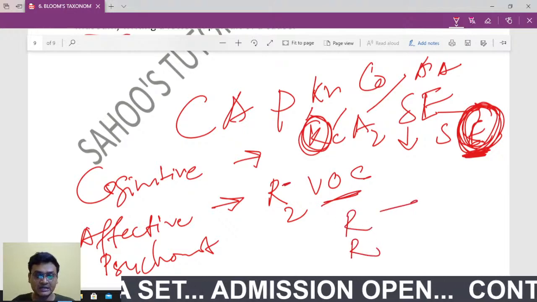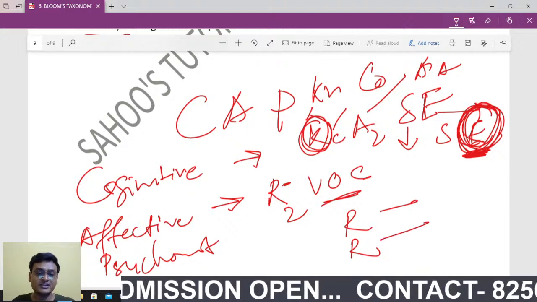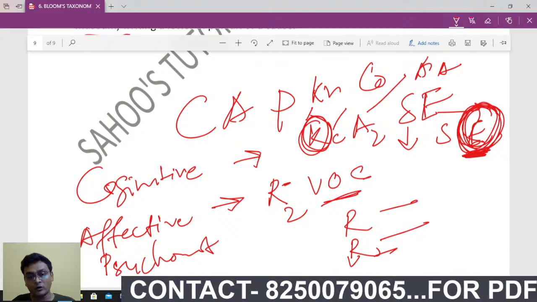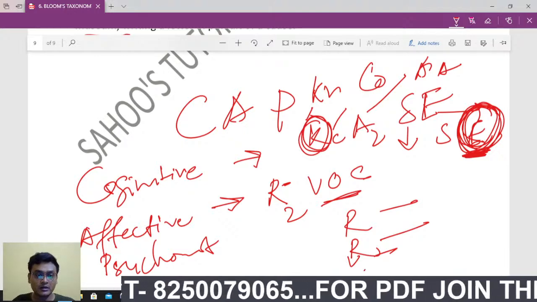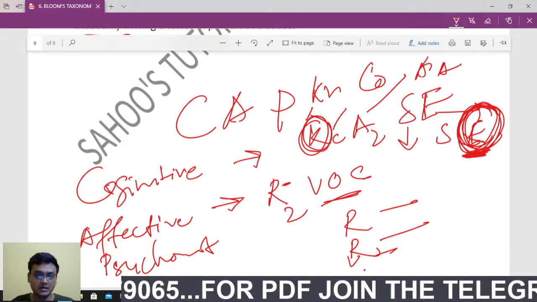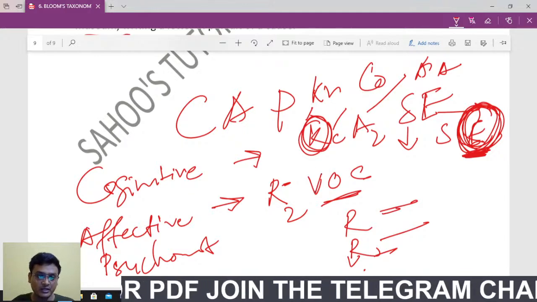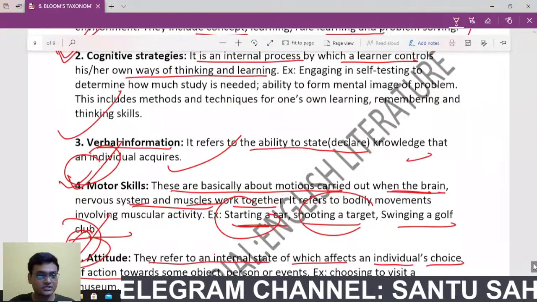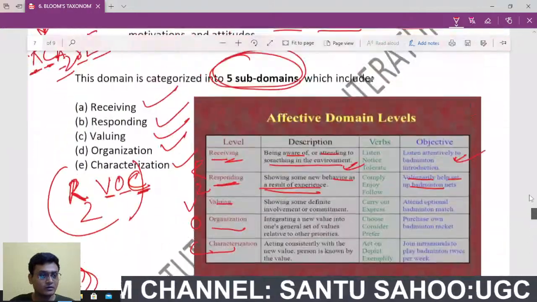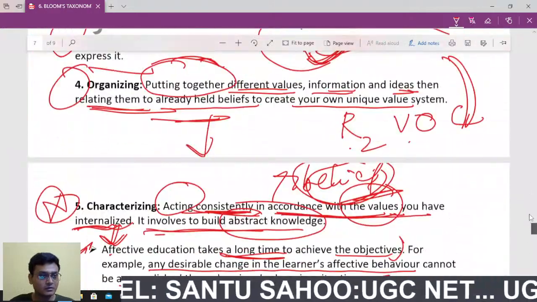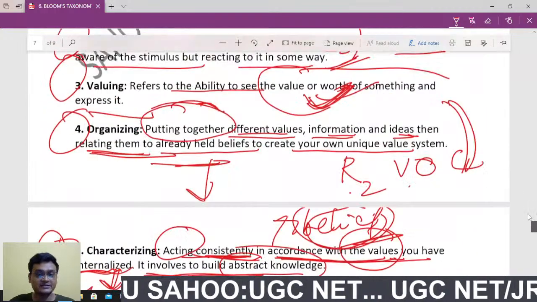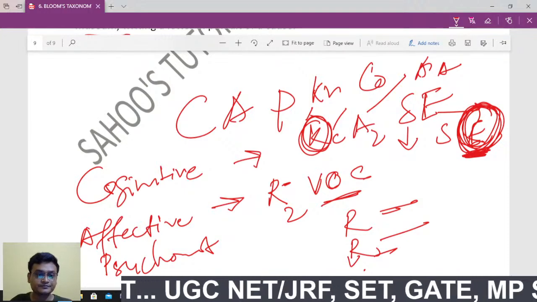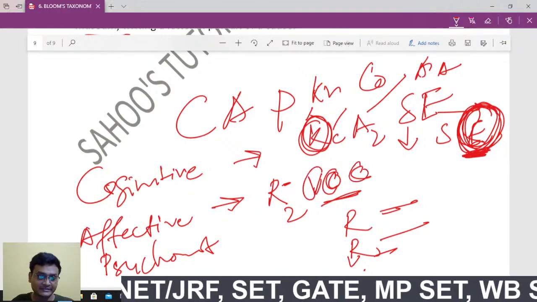One R is receiving, another R is responding, V is valuing, then O is organizing, and C, last one क्या था? That is characterization. ठीक है. Valuing, organization, characterization.